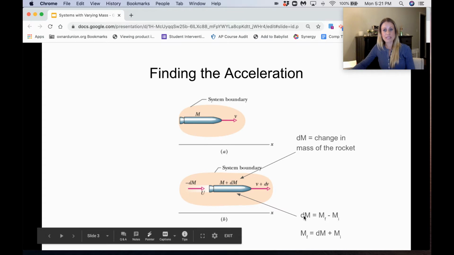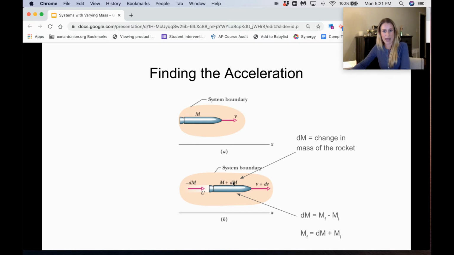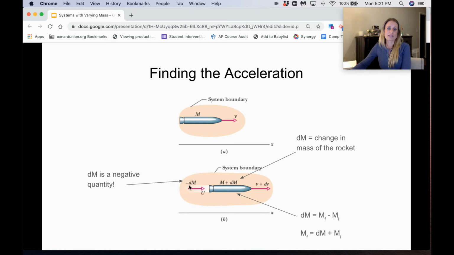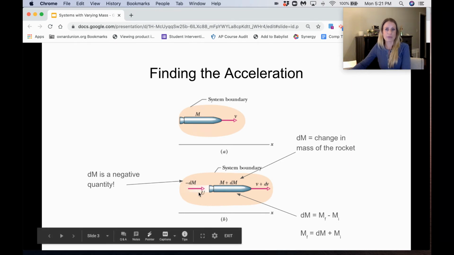So dm itself is going to be a negative quantity. Mass final will then, in the way that we're writing it, be dm plus mass initial, which of course is just M plus dm. So this term right here, negative dm, that we have to slap a negative on there because dm itself is going to be a negative quantity. And then of course, this right here is going to be the mass of the fuel that's ejected out of the back of the rocket.